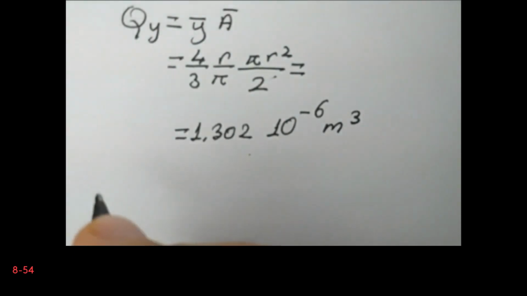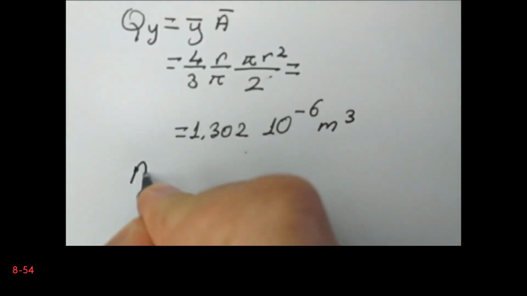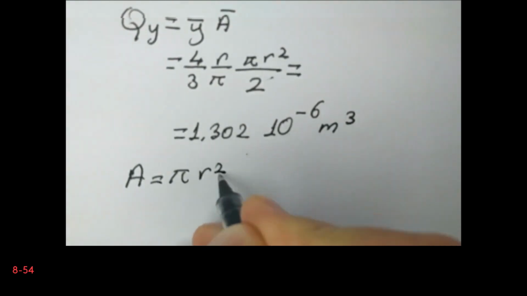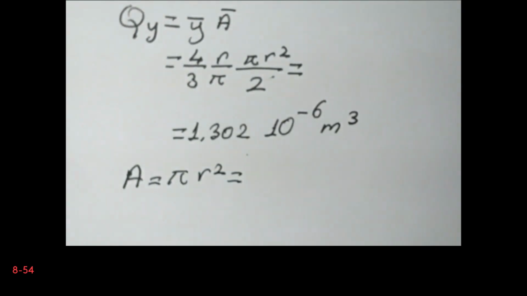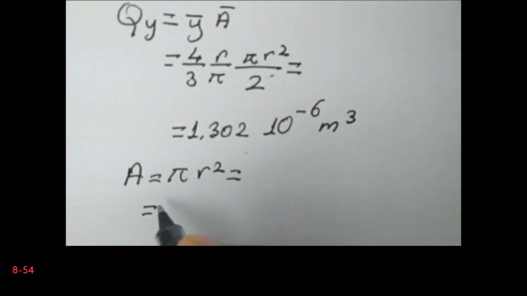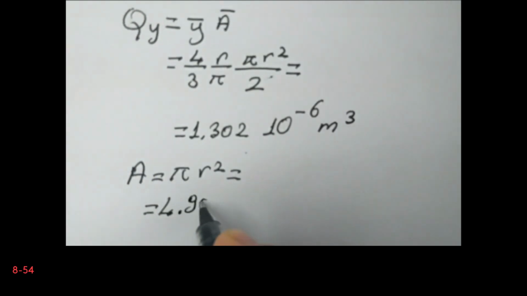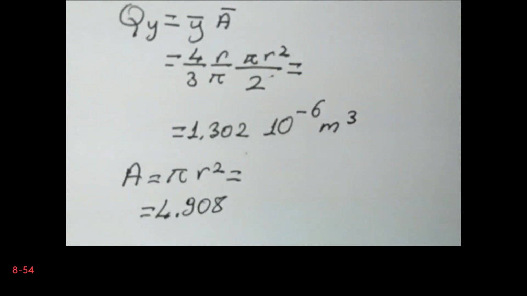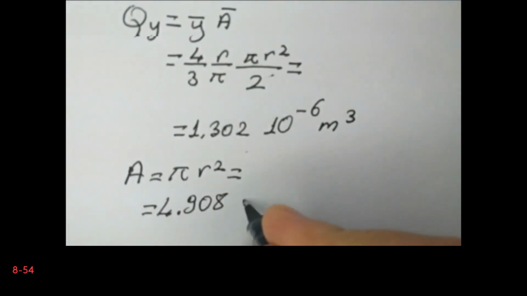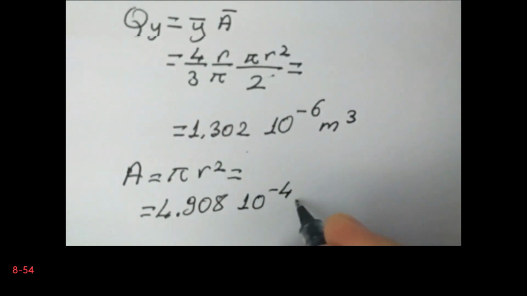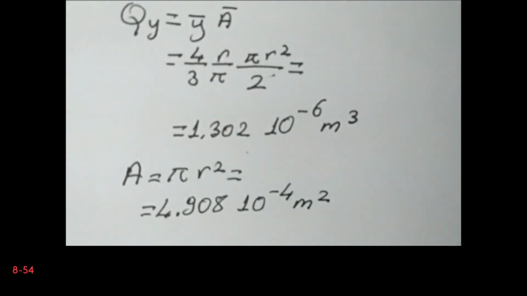Area is pi r square, it is 4.908 × 10 to the power minus 4 meter square. Okay, now we have found all the values. Let's begin by calculating the shear.